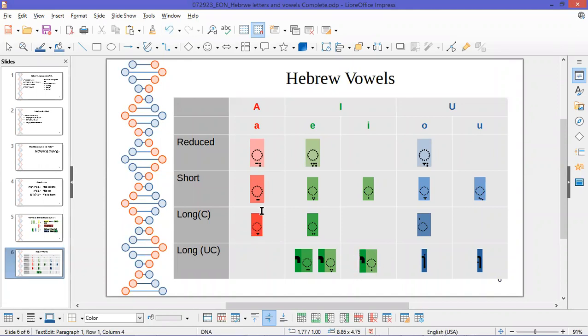Okay, so we've gotten this one, this one, this one, this one, and this one. And I believe, yes, this one right here, from just the first half of the first verse of Genesis. If you know how to say that, you know how to say those vowels that I circled.